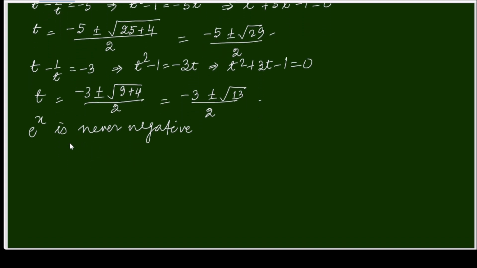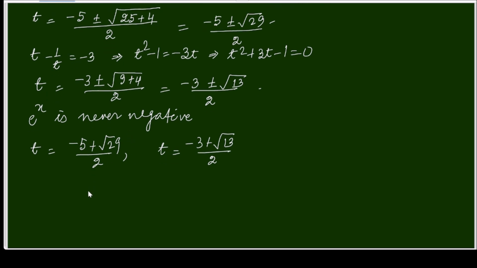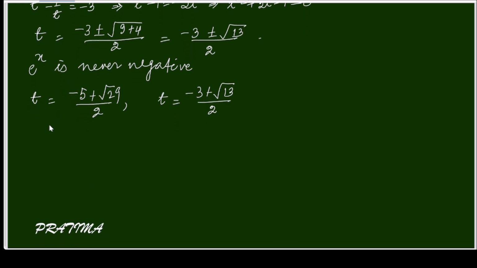So t equals (-5 + square root 29)/2 and t equals (-3 + square root 13)/2. So e^x equals (square root 29 - 5)/2 and e^x equals (square root 13 - 3)/2.